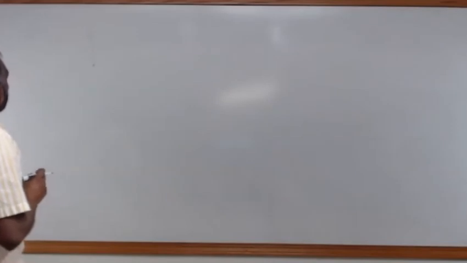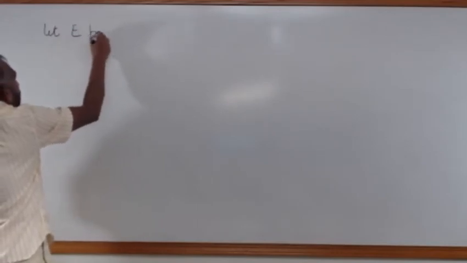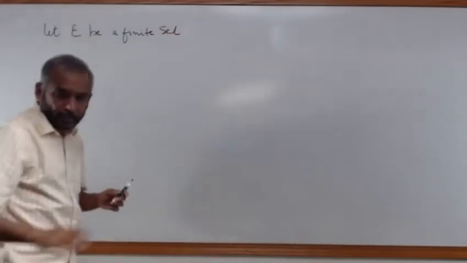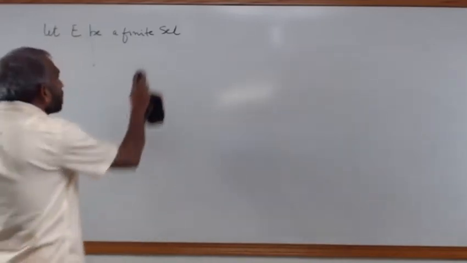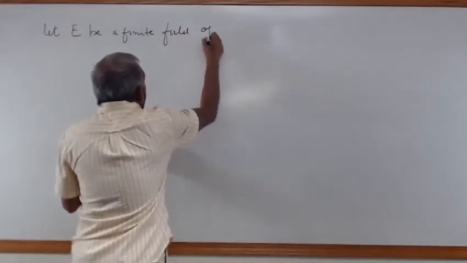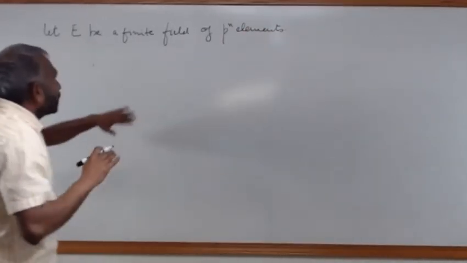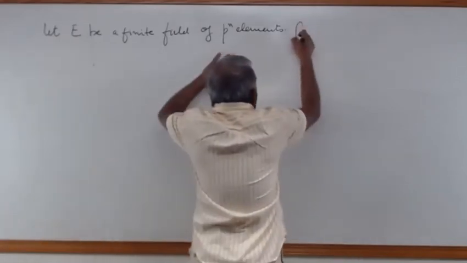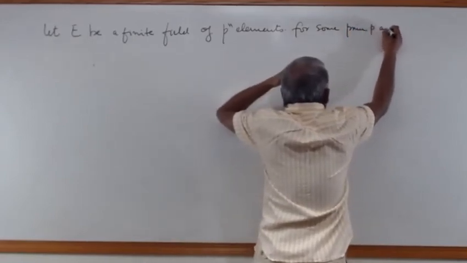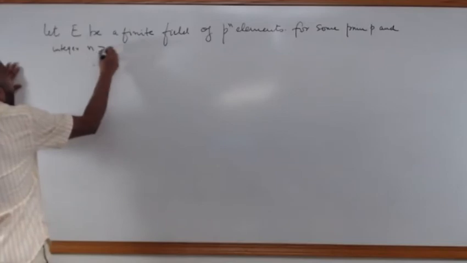So let E be a finite field of p to the power of n elements, because any finite field has to have p to the power of n elements for some prime p and integer n greater than 0.